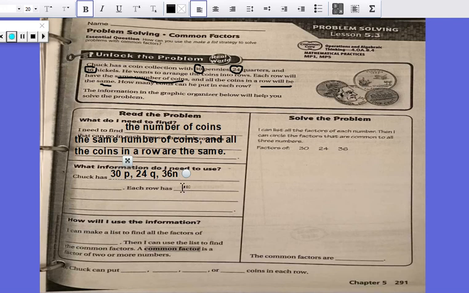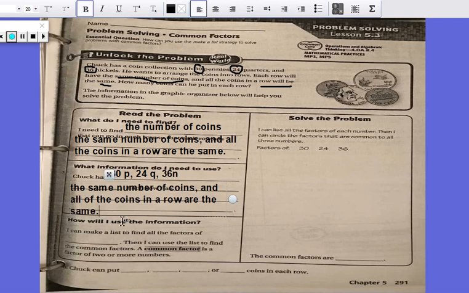Each row has the same number of coins, and all of the coins in a row are the same.